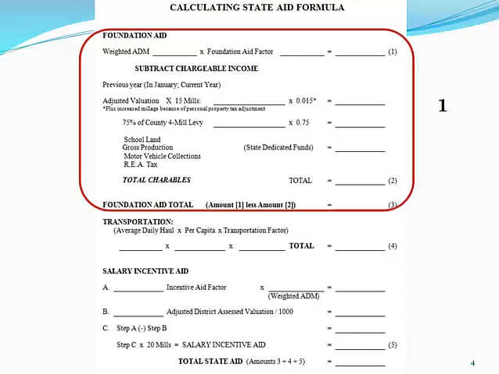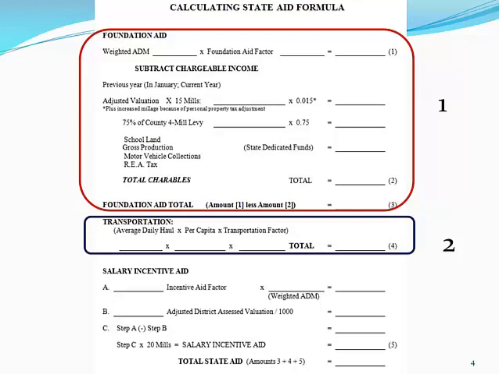So the first part now is called the foundation aid, and this is where we're going to see directly things like property taxes that a district has. We're going to talk about what those state dedicated funds are. That's where a lot of districts that break the formula end up breaking it, is through their state dedicated funds.